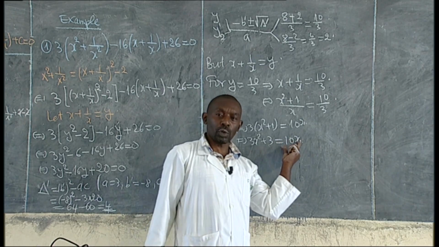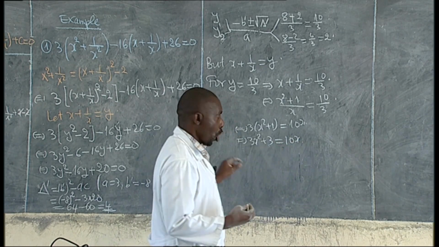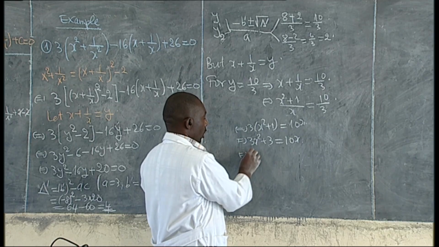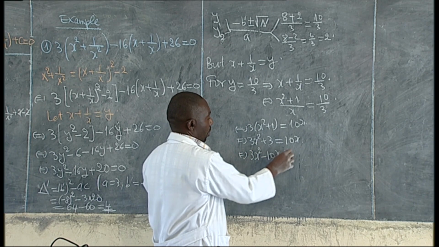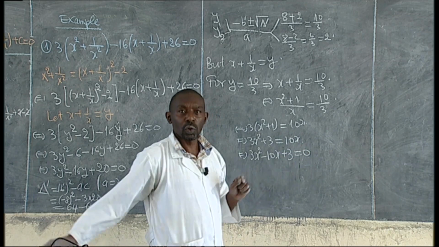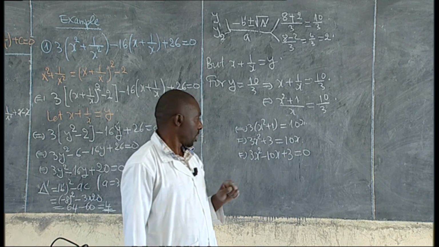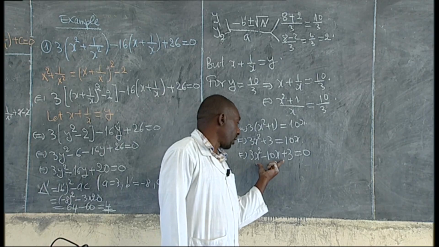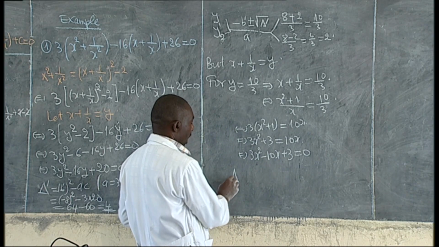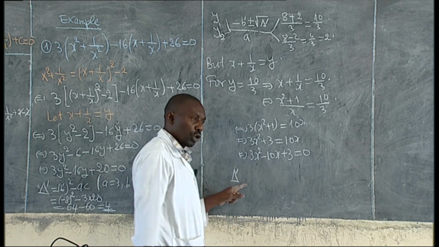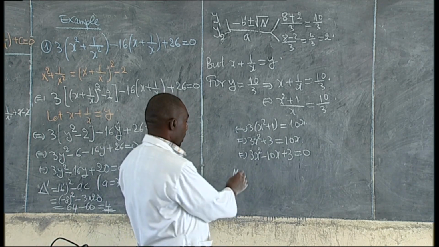Moving this 10x to the left-hand side, I'll be having 3x squared minus 10x plus 3, which is equal to 0. This is a quadratic equation in x. We are going to solve this equation. Still, I'm using the reduced discriminant.